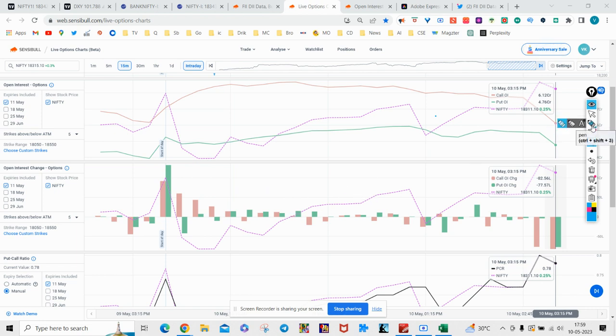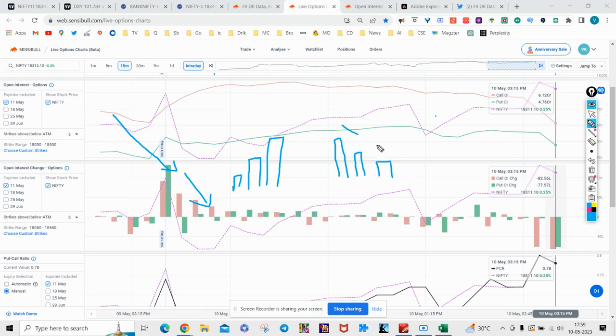Like when the market is falling, like what happened today, if call writing is increasing, then the fall will continue further. But that was not the case. The case was that the call writing started to gradually reduce. What does this mean? It means that the sentiment to take the market further down is not there.